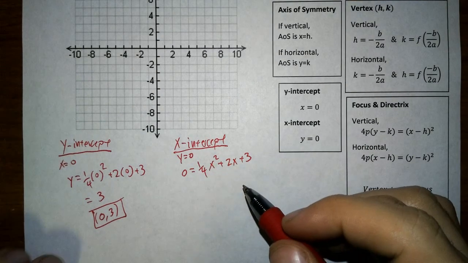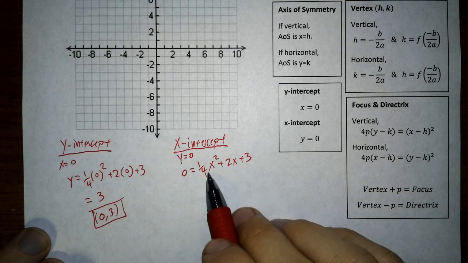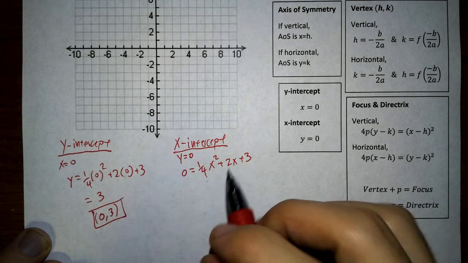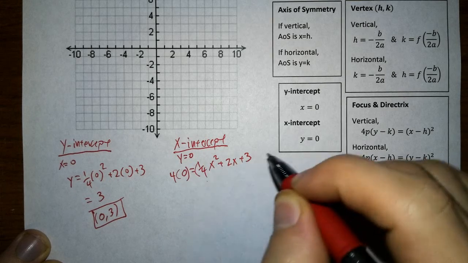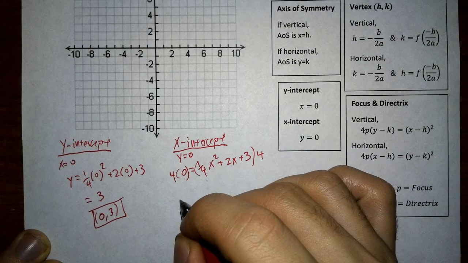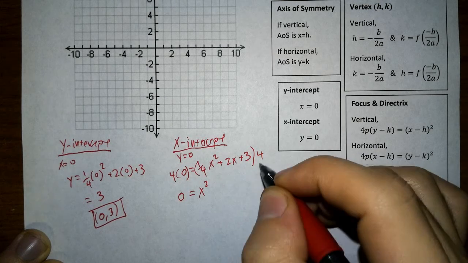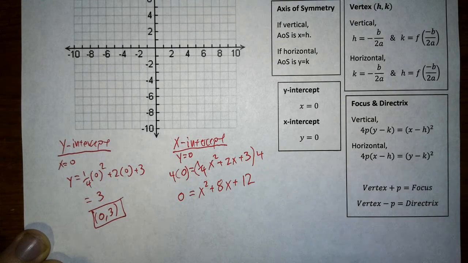So doing factor by grouping, the first thing I'm going to do is get rid of this fraction. I can multiply by 4 on both sides, and that'll just make this problem a little bit easier. So multiplying by 4 on both sides, we'll have 0 on the left equals x squared plus 8x plus 12.